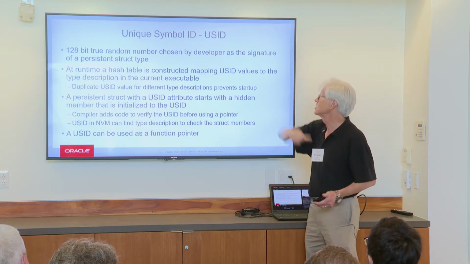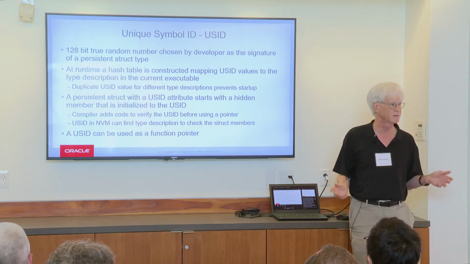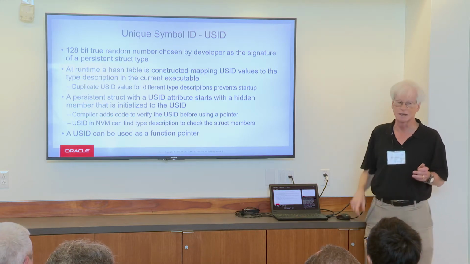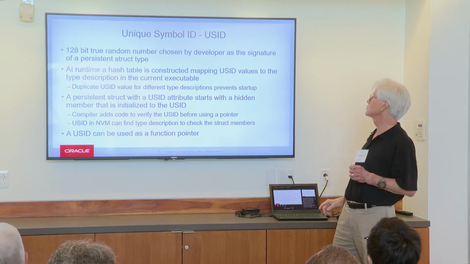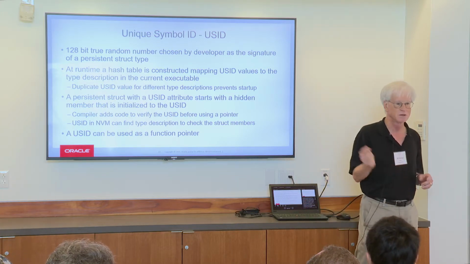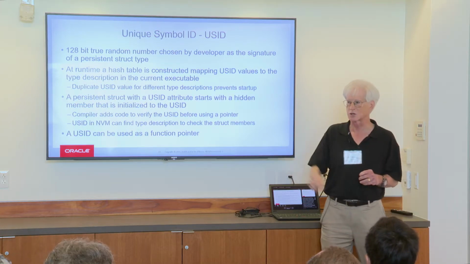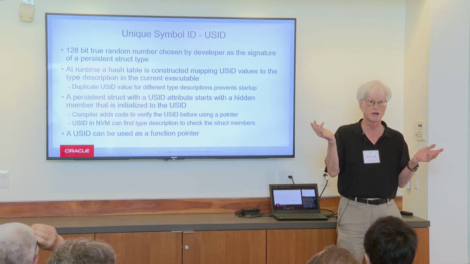So I came up with this thing called a USID. You know how I've talked about 16-byte random numbers? That's a USID. It stands for Universal Symbol ID. You can assign a USID to anything that's an external location in your code.